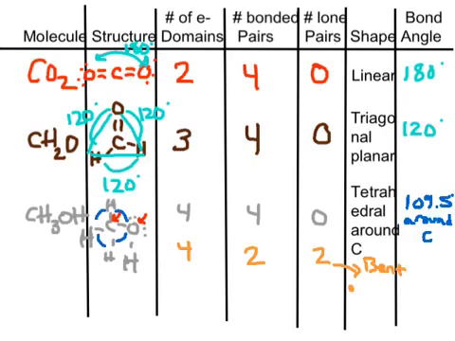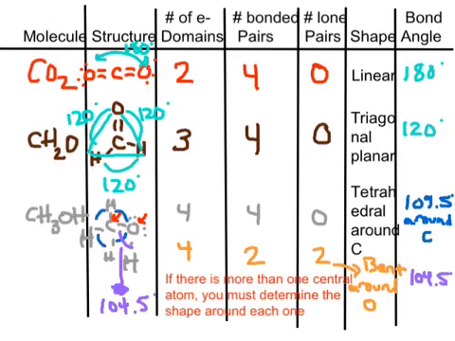And again, the angle around a bent shape is 104.5 degrees. So the angle between the carbon and this hydrogen here is 104.5 degrees. So when we have more than one central atom, you have to determine the shape around each of the central atoms independently.